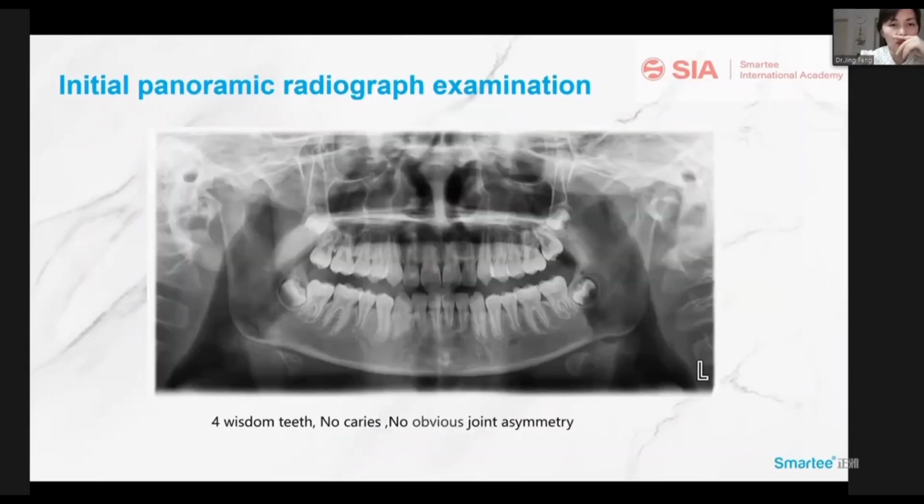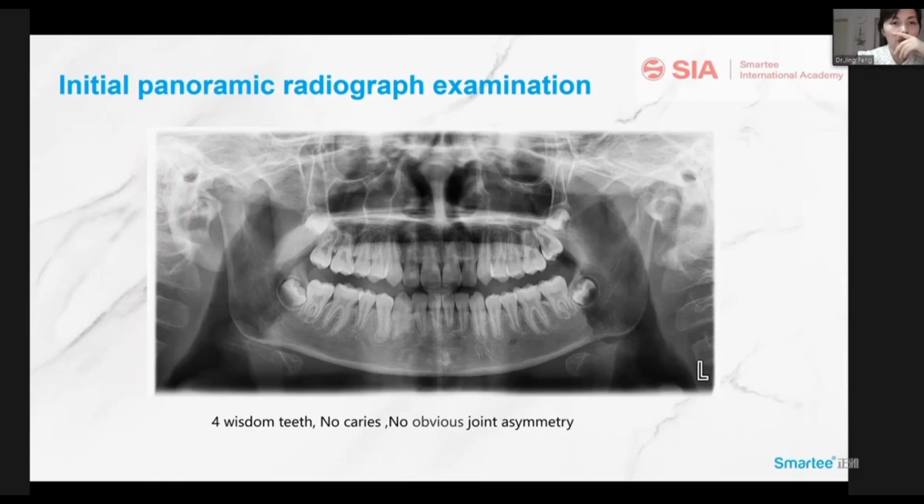And from the OPG, the shape and length of the mandible, the TMJ, the condyle, are not so asymmetrical. So the deviation of the lower midline is mainly because of the bodily shift of the mandible to the right side due to the palatally placed lateral.